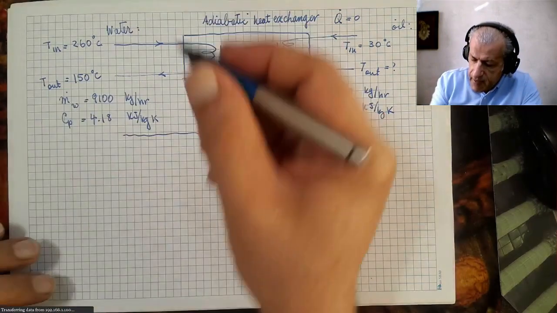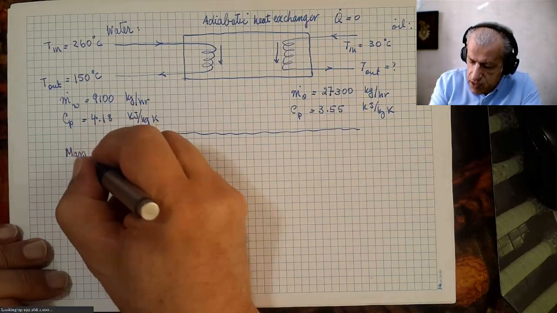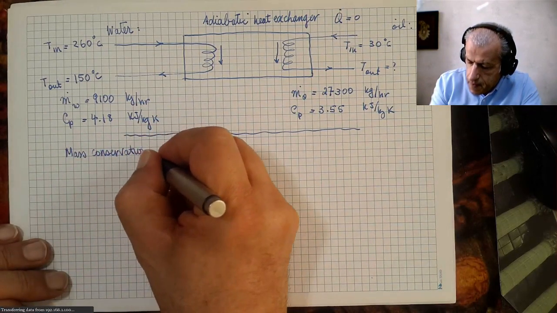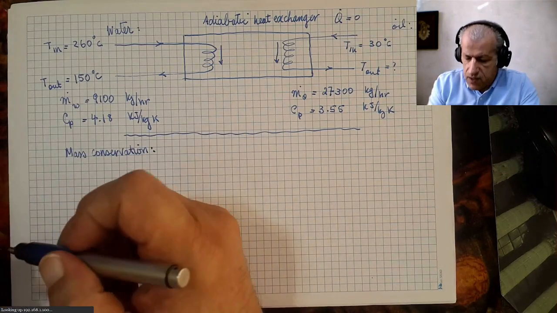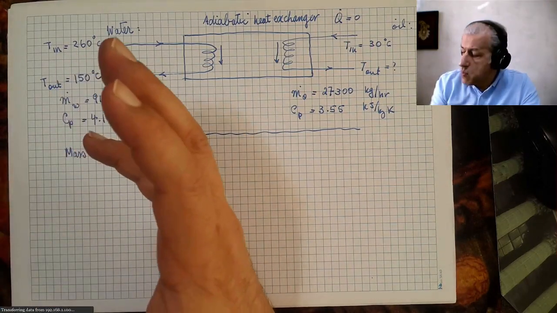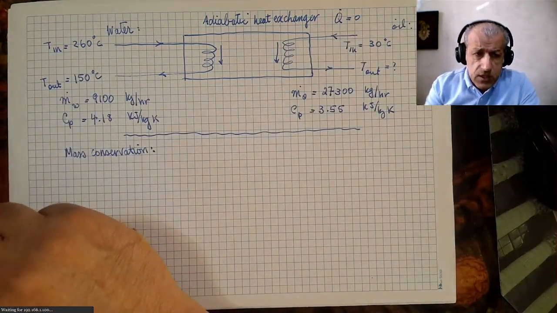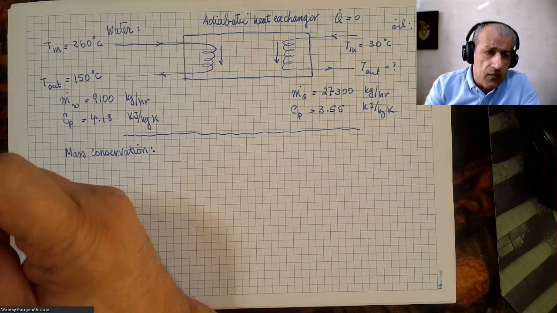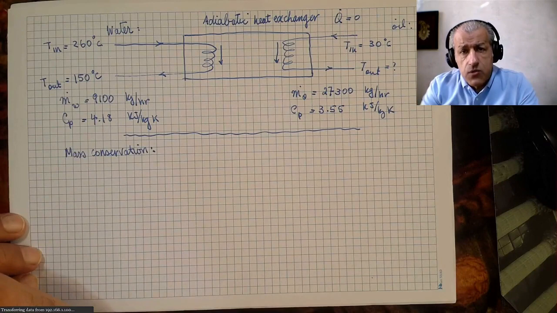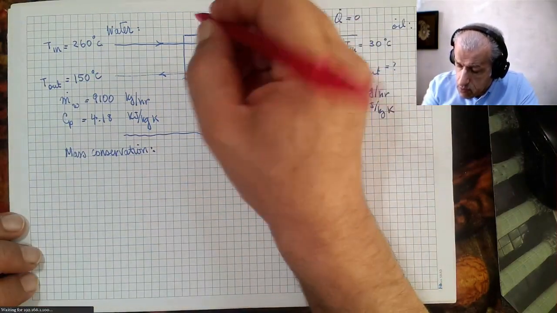Now, as for mass conservation, to write mass conservation, we need to decide which our control volumes are. There are many choices of control volume. In fact, I would do 4 different choices in this solution, but you could take fewer or more.